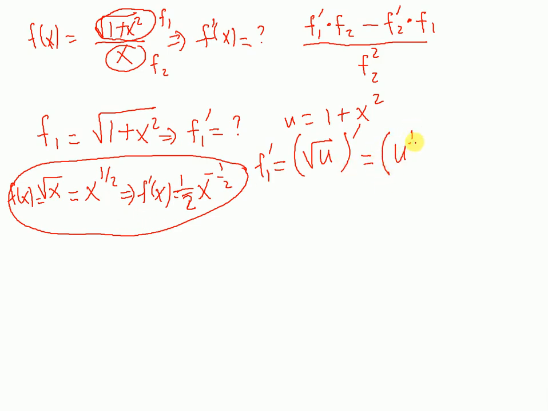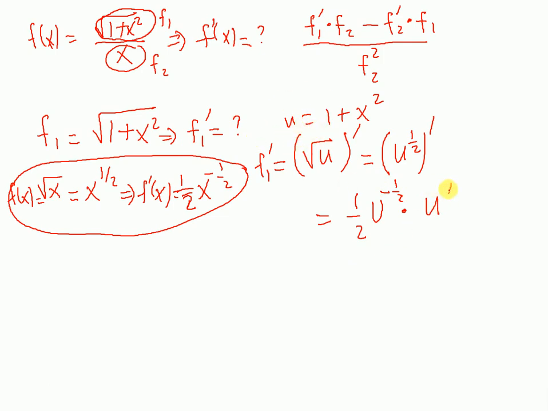I have u to the 1/2, and if you take the 1/2, you can bring down the 1/2, and then you subtract 1 from that, so minus 1/2. But don't forget that because we set u to be this guy, you have to multiply by the chain rule. You have to multiply by u prime. That's what that means. You are trying to multiply this thing by one more derivative of u.